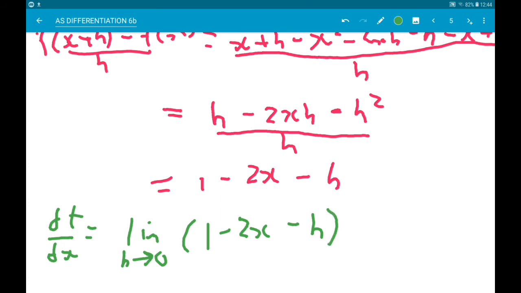So, as h tends to 0, this tends to 1 minus 2x.